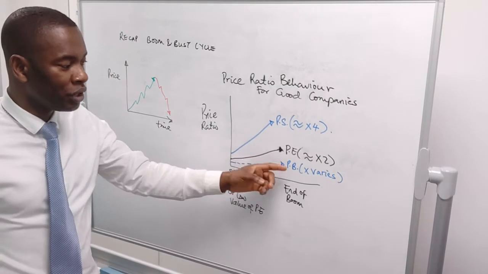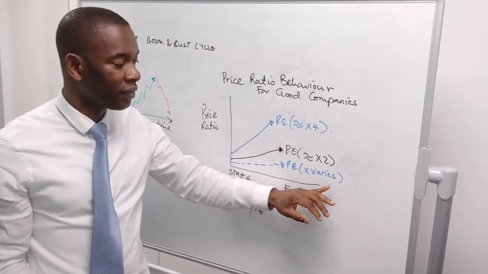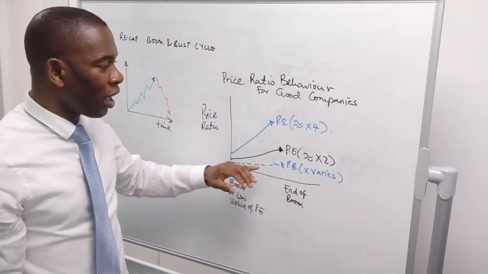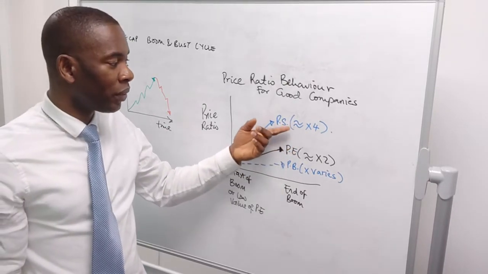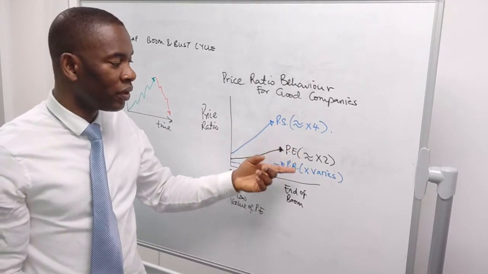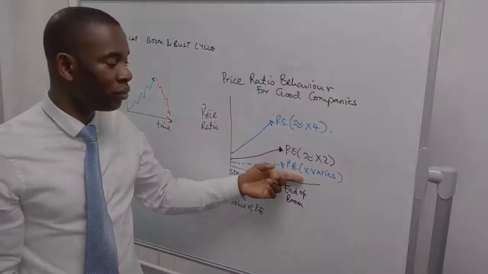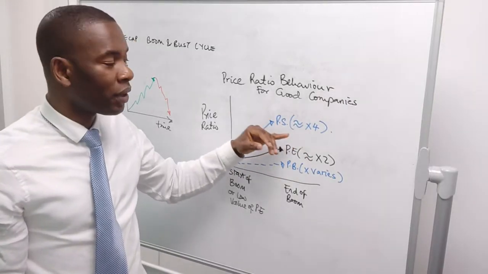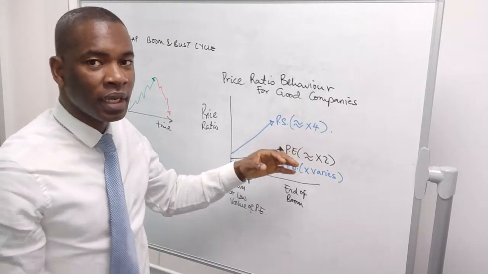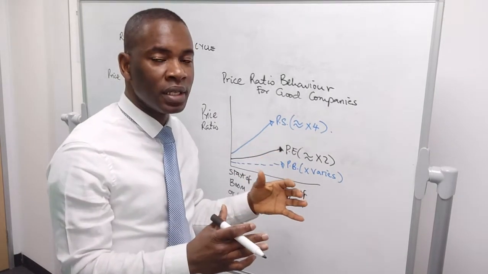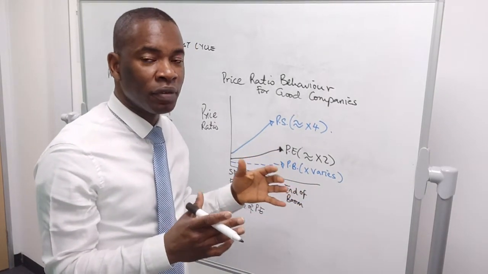For price to book ratio, it really varies. So when do we use price to sales? When do we use price to earning? And when do we use price to book? You can use price to sales especially when the company is in a growth phase.